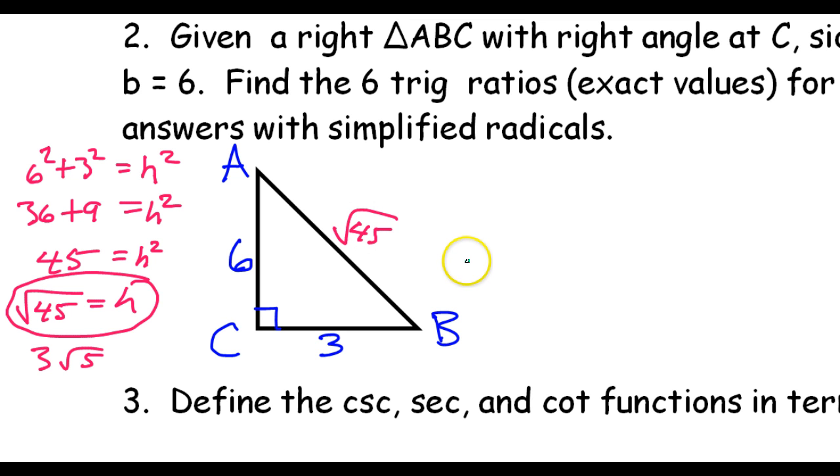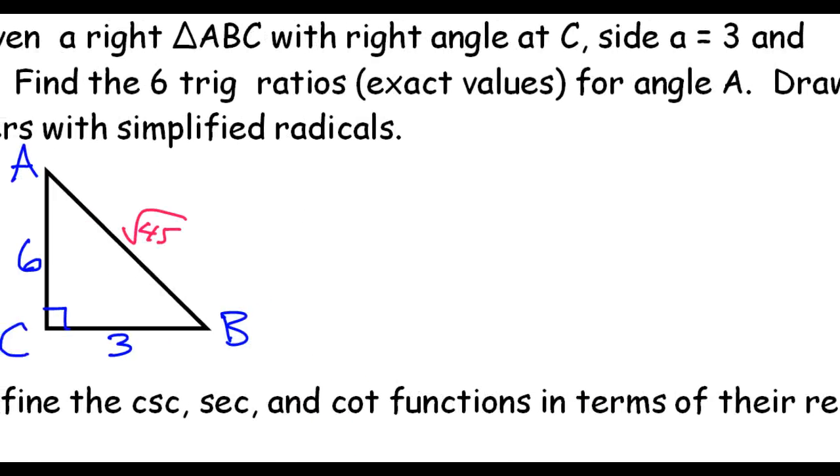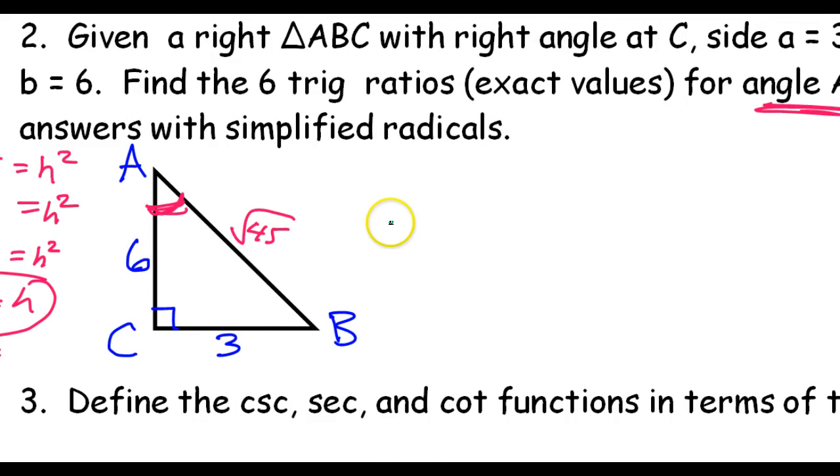So the 6 trig ratios. For angle A, focus on angle A right here. Sine of angle A is opposite over hypotenuse, so that's 3 over radical 45.